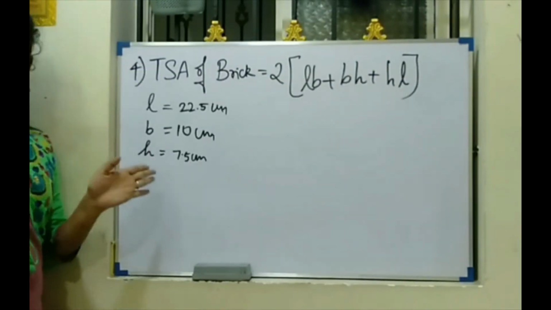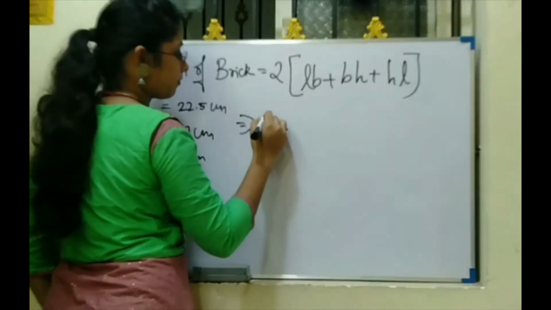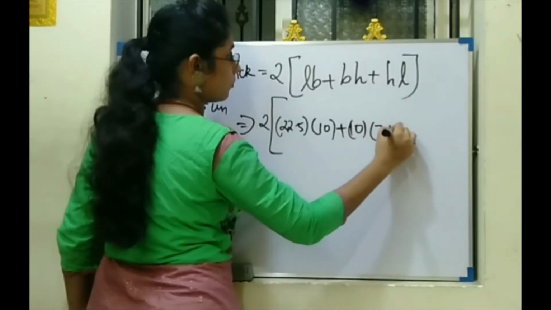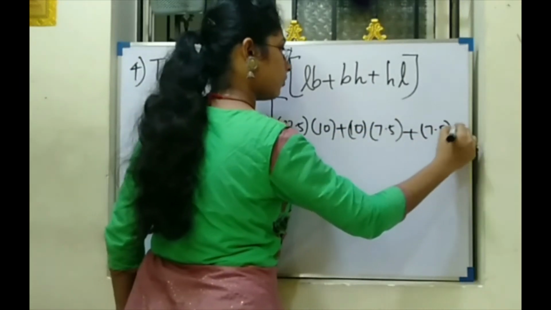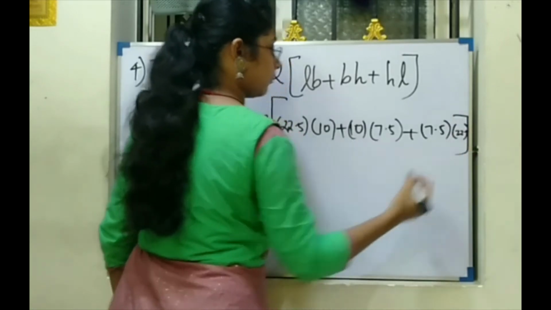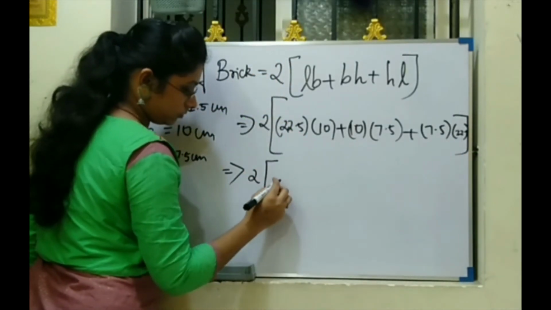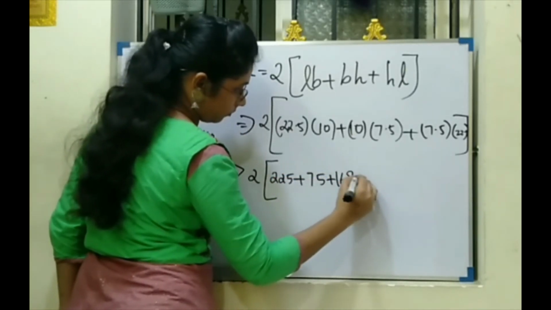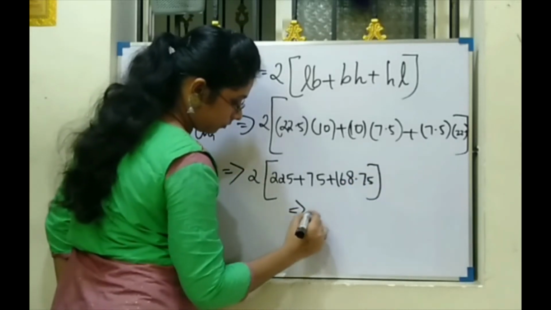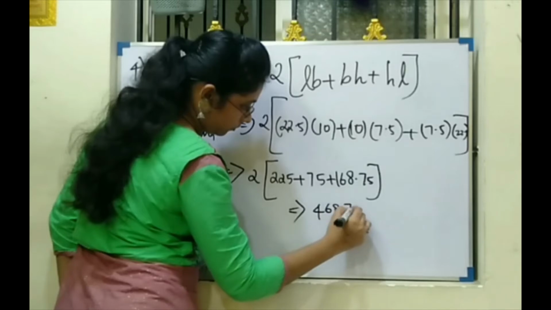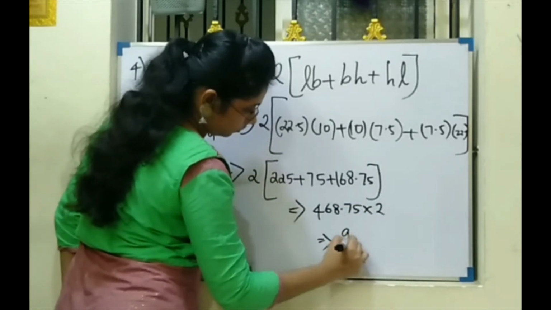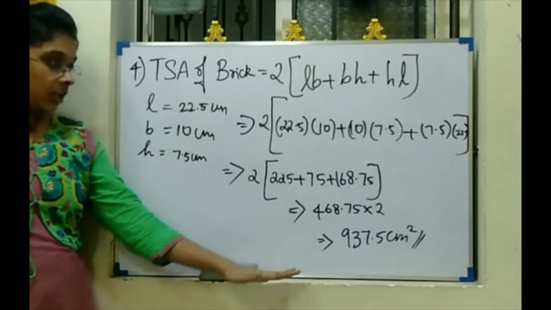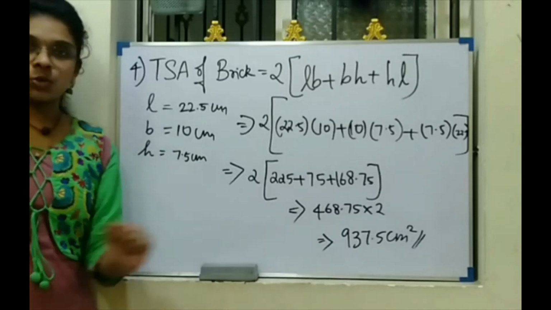We know the length, breadth and height of the brick. So let's find the total surface area. Therefore, the total surface area of the brick is equal to 937.5 centimeters square.